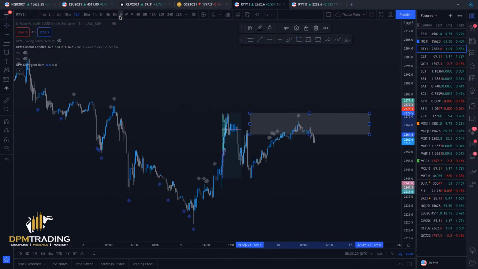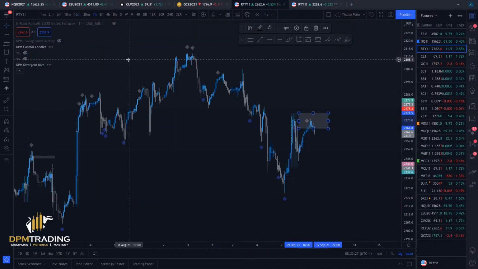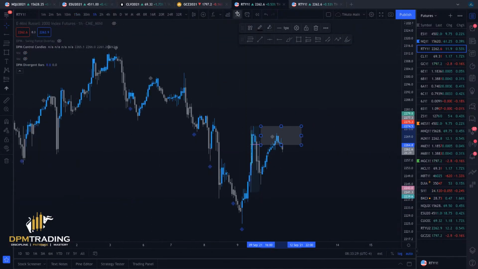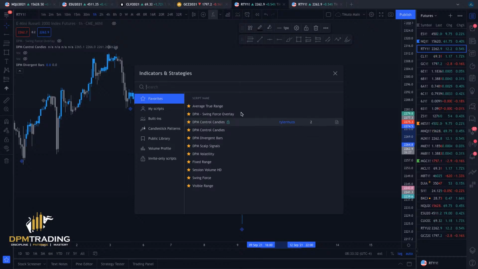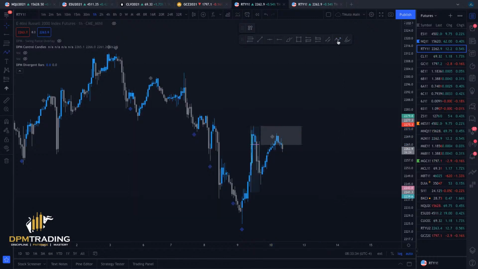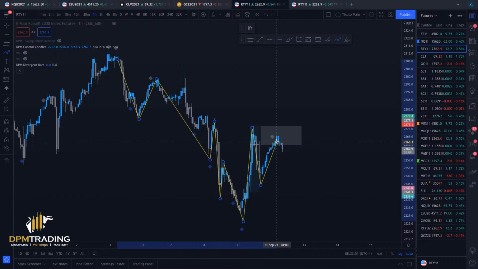So again, if we look at this zoomed out, let's take a look at the 1 hour and the structure of the market. We had this high, came down, made a low, high. Depending on how you want to look at it, you could call all these something like this, and then we broke structure to the upside, starting to form this higher low.